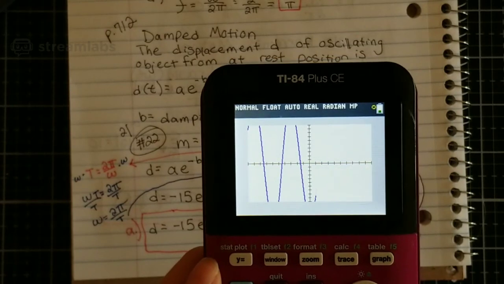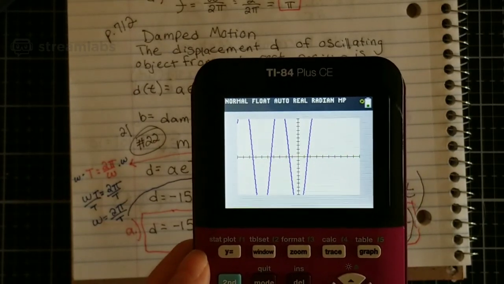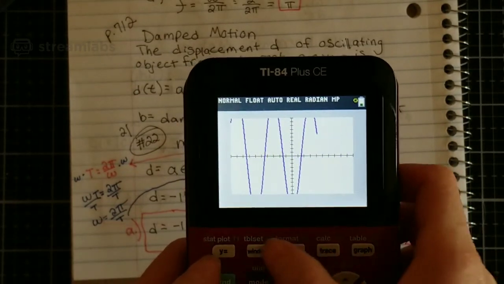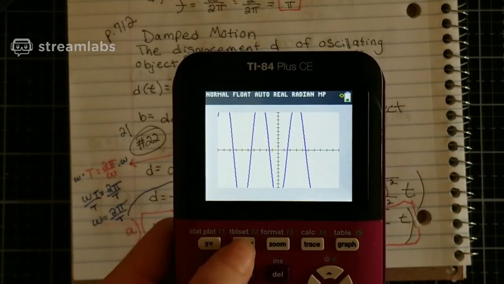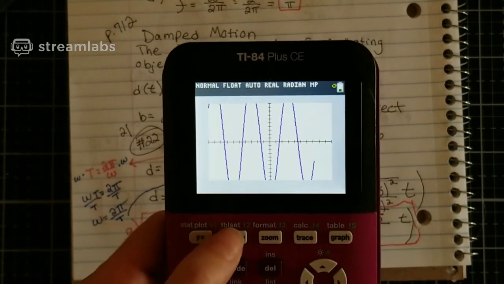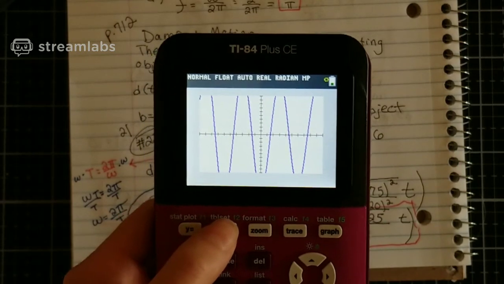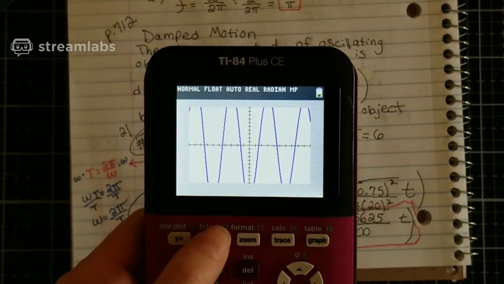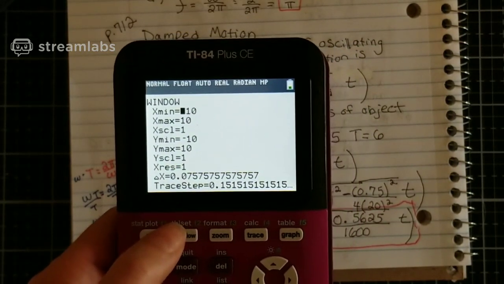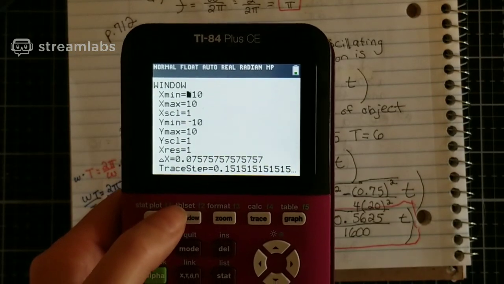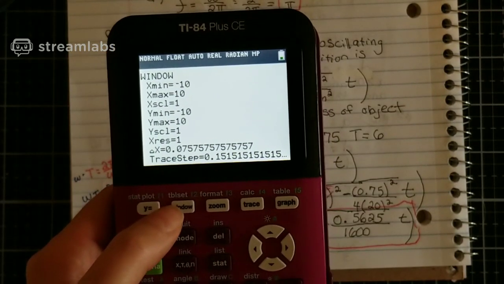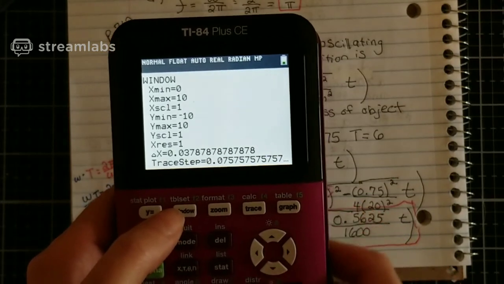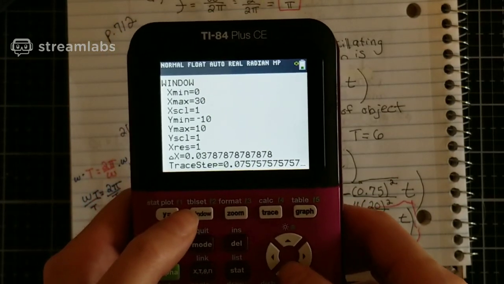Okay, so it says graph for 5 oscillations, okay? So I'm going to change my window here. I can see it's going really slow. Okay, so for the window, on the X min, I'm going to make that be 0. My X max, I'm going to make 30.